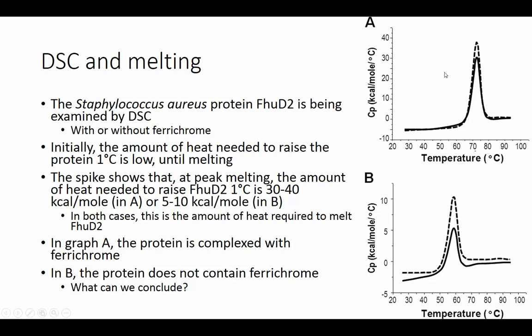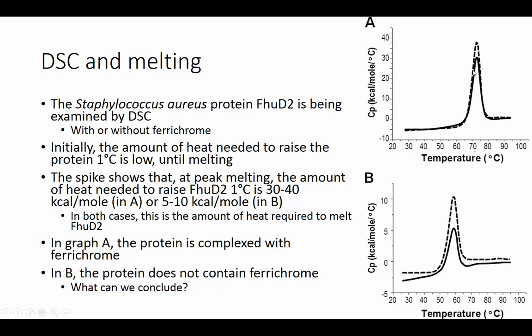In graph A, what you can see is that the melting temperature, the Tm, is higher, and the heat added into it is more. The heat flow is much more than in B, where the melting temperature seems to be about 60 compared to 75 or so. And all we really need is about 10 kilocalories per mole per degree C at peak melting.